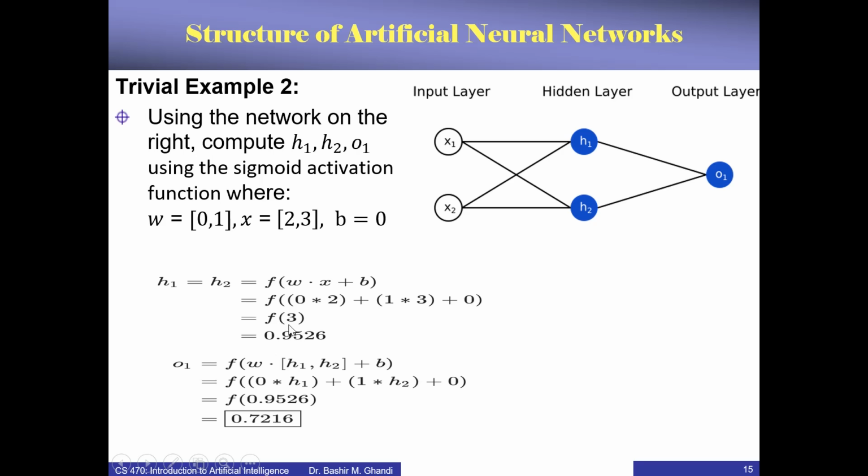Alright, so they are basically the values we computed. They are both the same, 0.9526. H1, H2 are the same values. So just multiply that, add the bias, the same bias, 0, and see what you have.